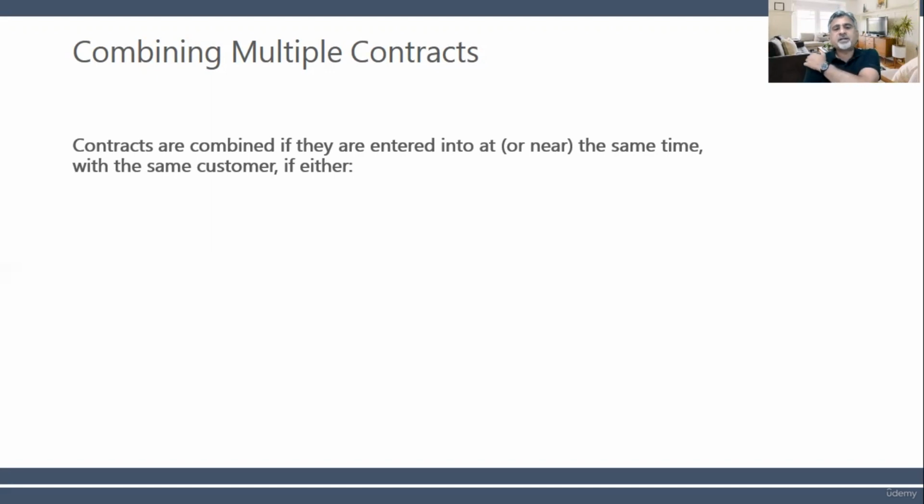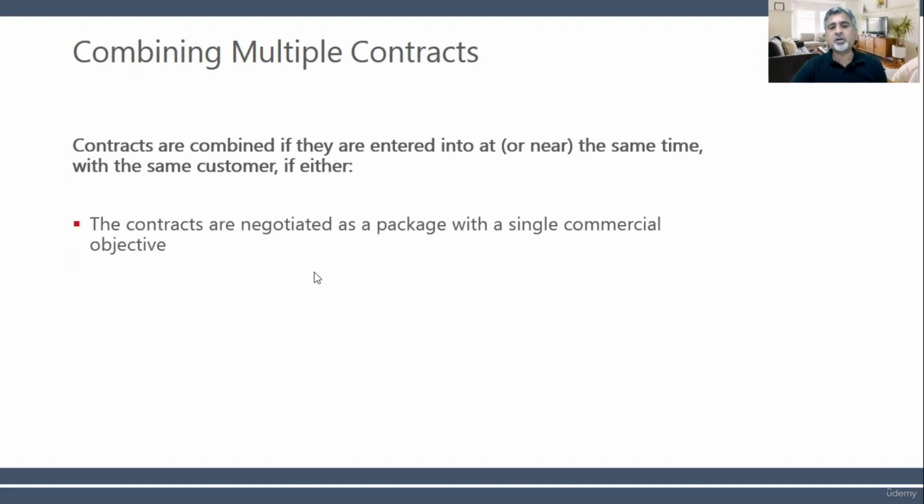So we say contracts are combined if they are entered into at or near the same time with the same customer. So the time is same, the customer is same, if either the contracts are negotiated as a package with a single commercial objective.